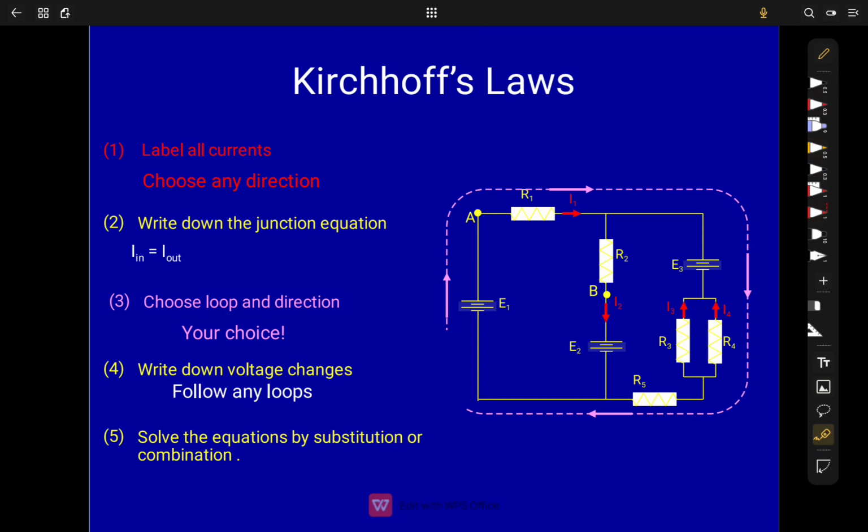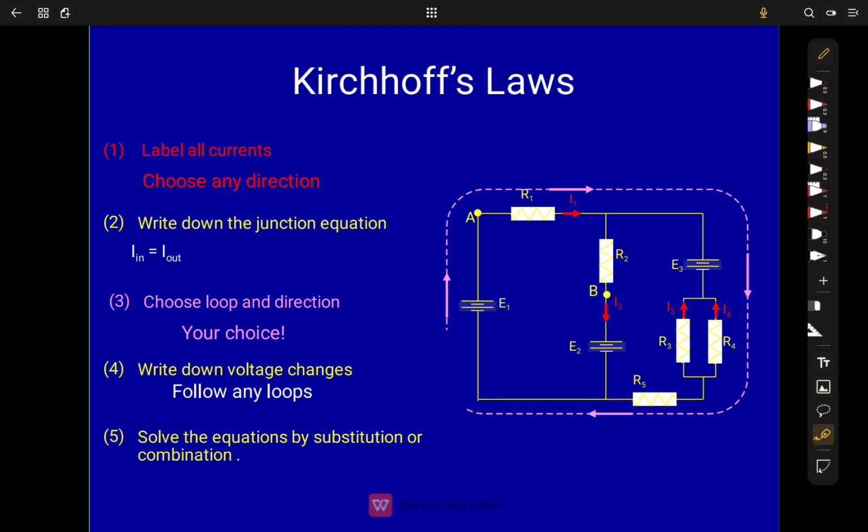Una is to label all the current, choose any direction. So, we're the one have the will kung ano nga ba yung direction ng ating mga currents. So, ito, I1 dito siya papunta, I2 dito papunta, yung I3 natin dito pataas, I4 natin dito pataas, and syempre dito may current pa rin which is flowing like this.